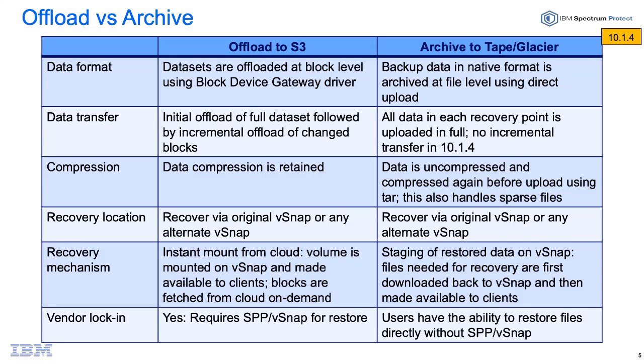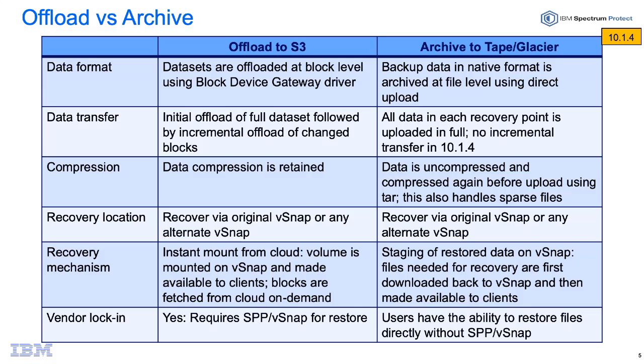For recovery locations, in both cases, you'll be able to recover via the original vSnap or any alternate vSnap in your architecture. But the recovery mechanism is going to be just a little different. And this is because of the times that it might take to get to the data. For offload to S3, we're going to have an instant mount from the cloud.